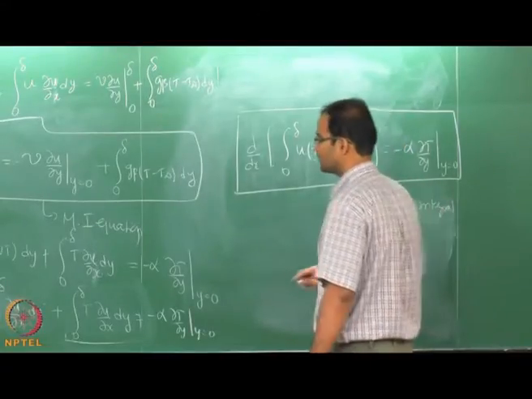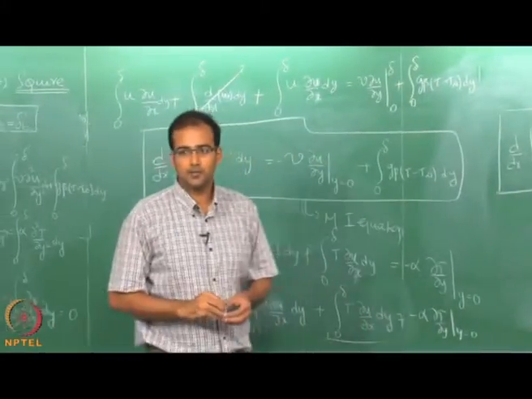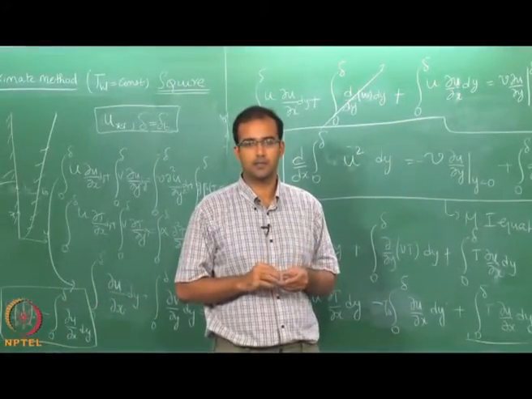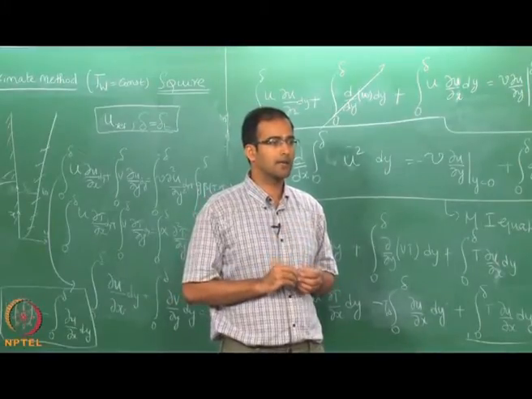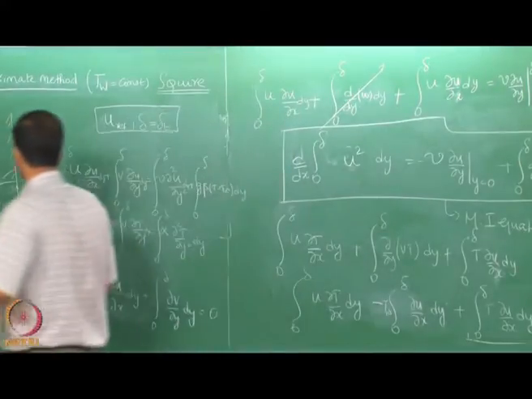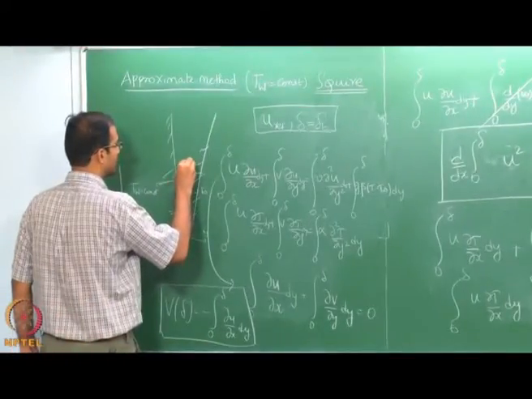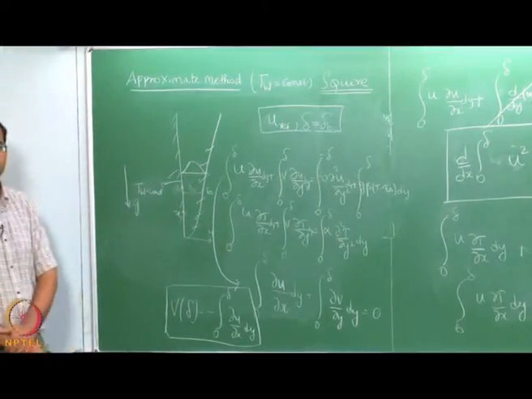So, therefore, once we derive the integral equation, we have to make a guess for the approximate profiles of velocity and temperature. Now, what will be the proper guess for velocity? Can we make a linear approximation, because I told you that the peak can occur somewhere in between and again drops to 0.